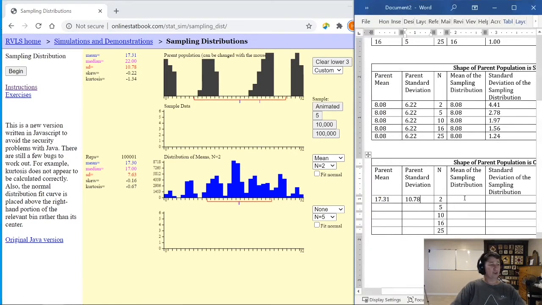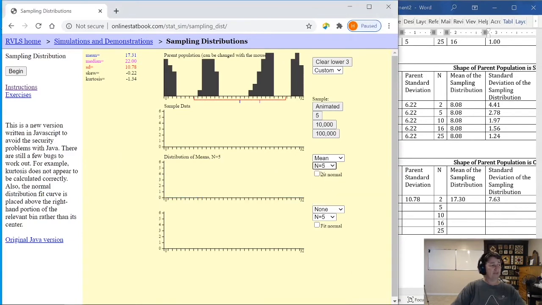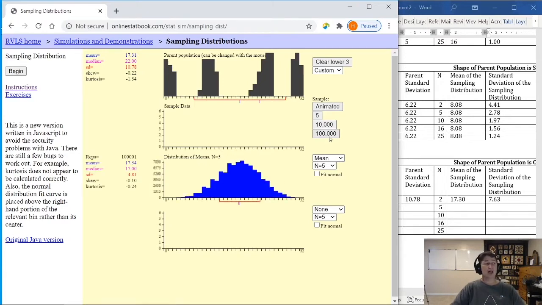So now I'm just going to record that sample mean. The mean is still really close to its parent, and the standard deviation is 7 and 63 hundredths. I'm going to raise my sample size to 5. So I'm now pulling out 5 of those data values and finding the mean of that. I'm going to do that 100,000 times, 200,000 times, and look at this shape. Notice that it doesn't look as much like its parent as before.